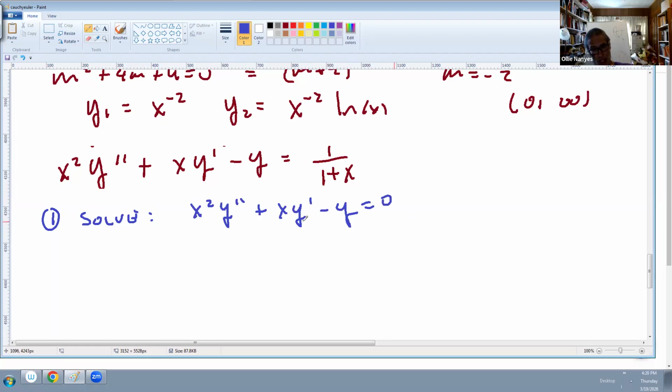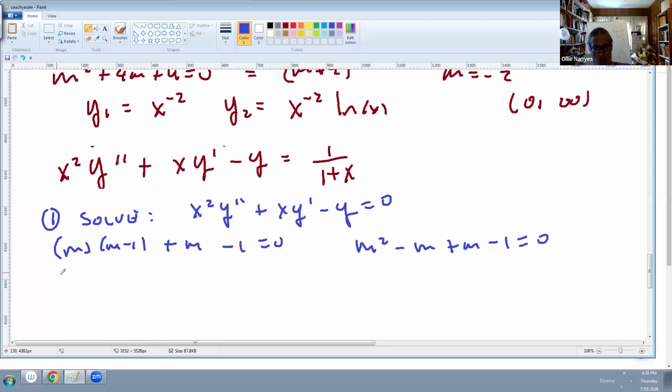And here, this is Cauchy-Euler. So we go to the initial equation. What we get is m times m minus 1 plus m minus 1 is 0, or m squared minus m plus m minus 1 is 0. Or we get m squared minus 1 is 0, so m is plus or minus 1.